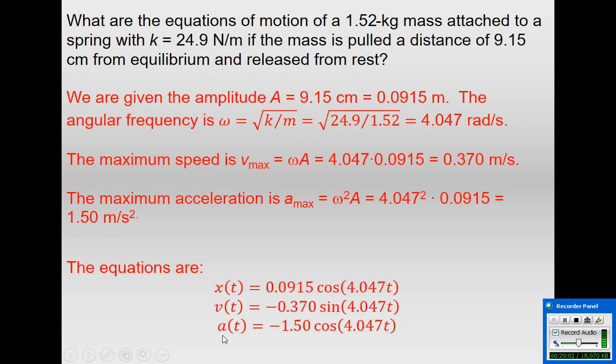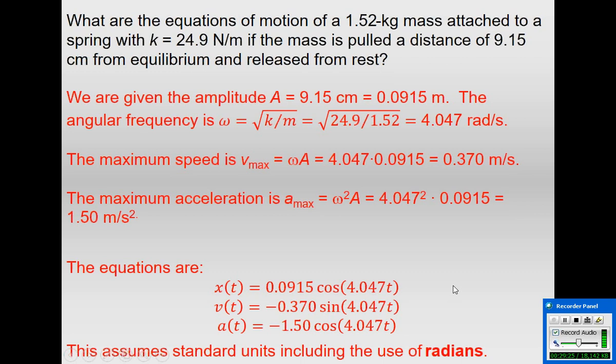The acceleration as a function of time, minus 1.50 cosine 4.047 t. Well, that's minus omega squared times capital A, the amplitude, times the cosine of omega t. So now for any value of time, I could tell you the displacement, the velocity, the acceleration.